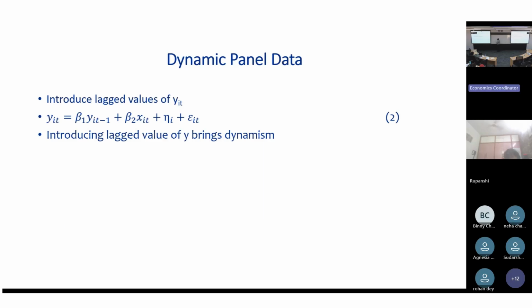That makes it beta 1 y_i,t-1 plus beta 2 x_it plus mu_i plus epsilon_it. This is what we call a dynamic panel. You understand the intuition behind this, right?